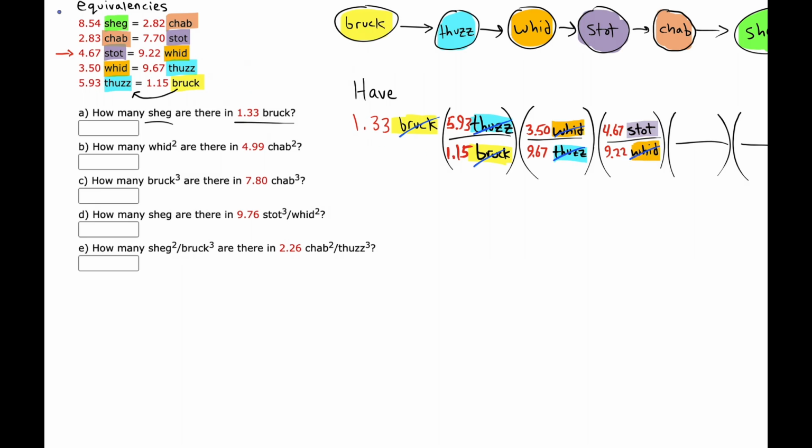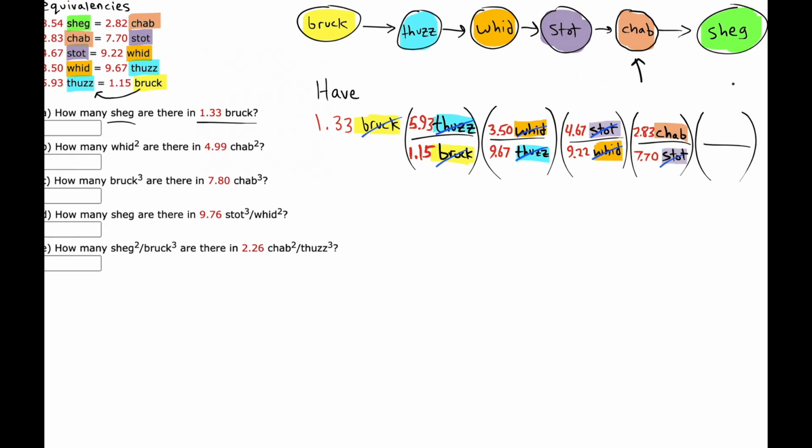Now the wid cancels and we're at stot, which is here. We'd like to go to the next step, which is chab. So I'll put stot down below and chab above. I'll now use this conversion factor. And now we're going to do the last step.